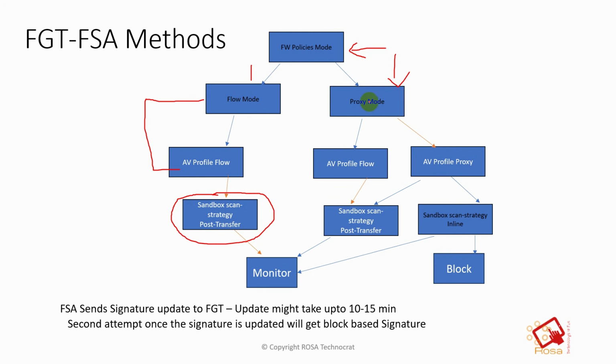And the second is, if the firewall policy is in proxy mode, the AV profile can be either in flow mode or proxy mode. That means in flow mode, the AV profile cannot be proxy mode, because for AV profile to work in proxy mode, the firewall policy has to be set in proxy mode.